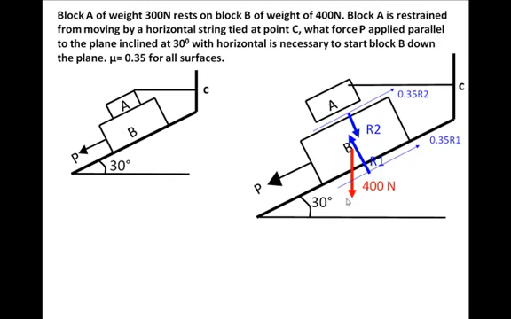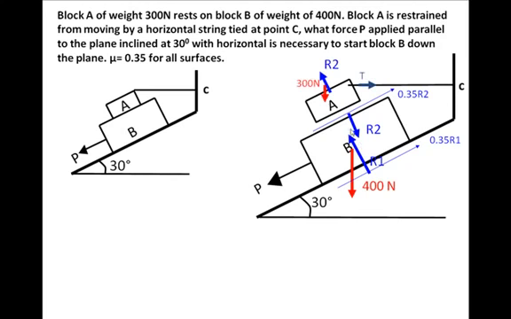Weight is always downwards, and friction will be at the surface, and it will oppose the tendency of motion, which is downwards in the direction of P. So on both surfaces there is opposition, and the frictional force is mu R. That's why mu, 0.35, is written here with the corresponding R's. So this completes the free body of B.